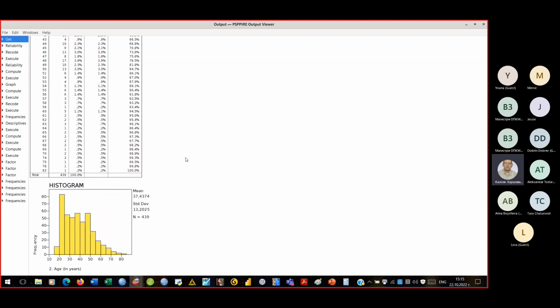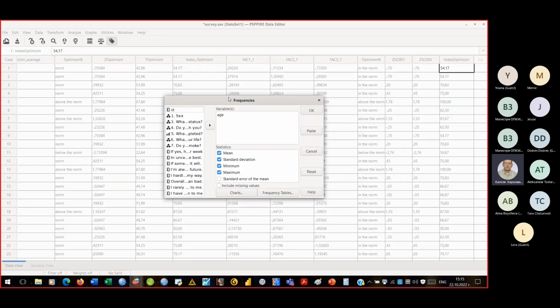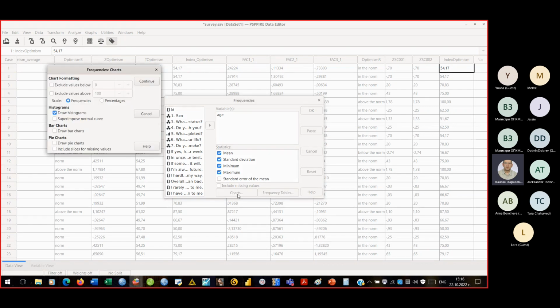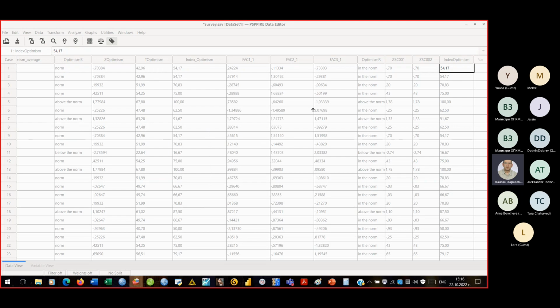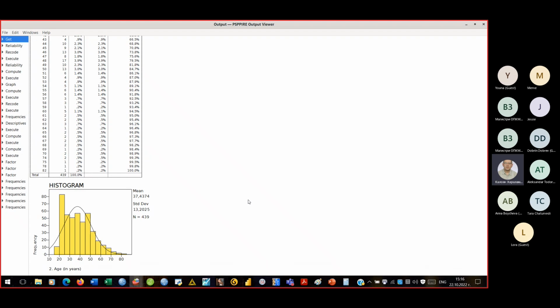So here, let's repeat the analysis again. Let's repeat descriptive statistic frequency, and here press the button chart and check superimpose normal curve, then continue, then OK, and then let's go here. Here we can see that the distribution is in fact right skewed.